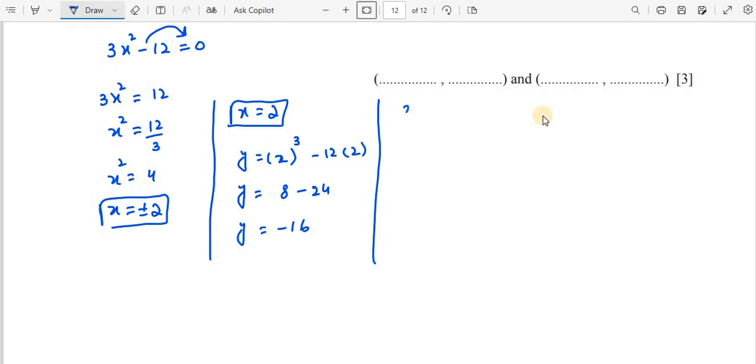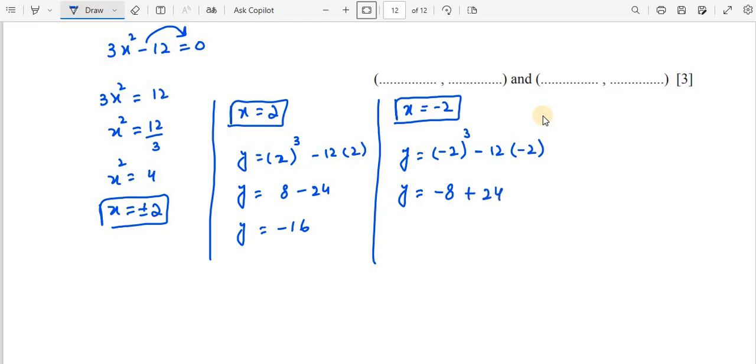When we take x is equal to minus 2, y is equal to minus 2 raised to the power 3 minus 12 into minus 2. So y is equal to minus 2 raised to the power 3, that is equal to minus 8, and minus 12 multiplied by minus 2, minus minus is plus, and 12 twos are 24.